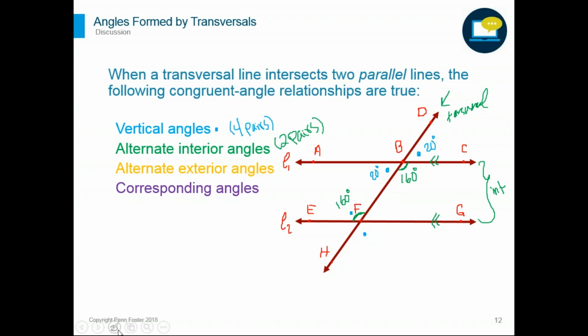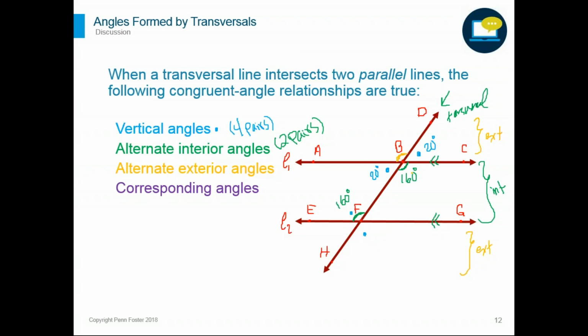Next one is alternate exterior angles. The alternate part means each angle is on a different side of the transversal. Exterior would be the exterior of the system. So that is an exterior, and that is an exterior. One angle would be, for example, here, to the outside and to the left of the transversal.